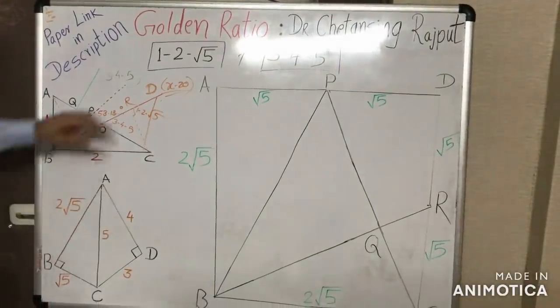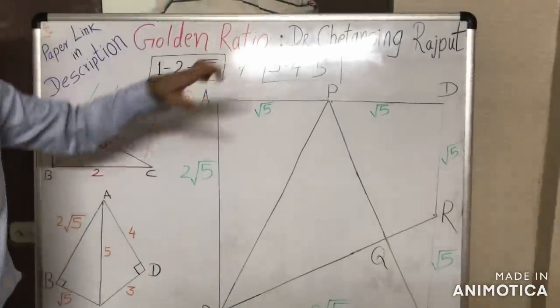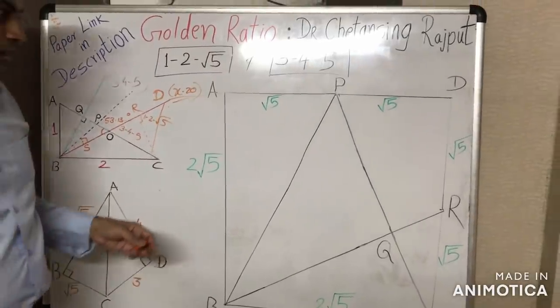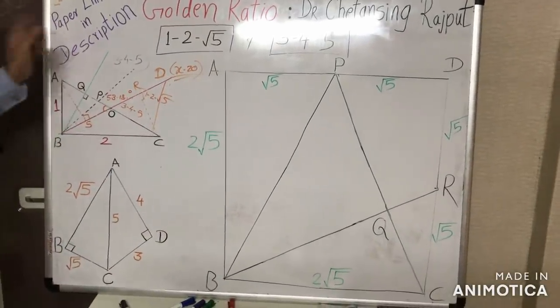In this way, these couples of triangles are formed together by different geometric methods, which I have described in detail in my paper. So visit the paper link.